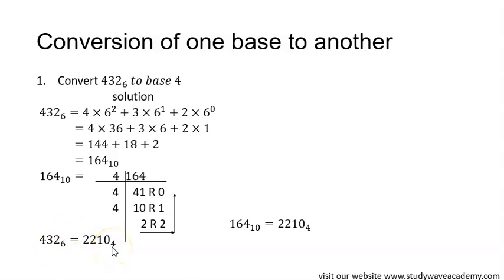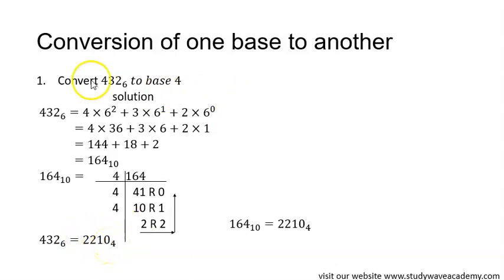Okay, do you understand the process? We first of all converted this number to base 10, which we had 164 in base 10, and then we converted from this base 10 to base 4 to have 2210. Okay, so it's the same with this. 432 in base 6 is equal to 2210 in base 4.